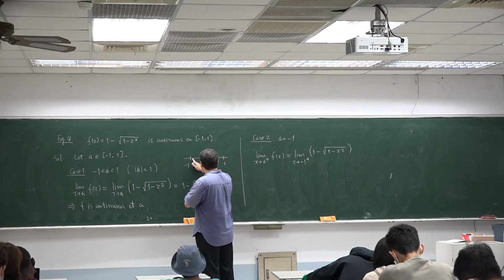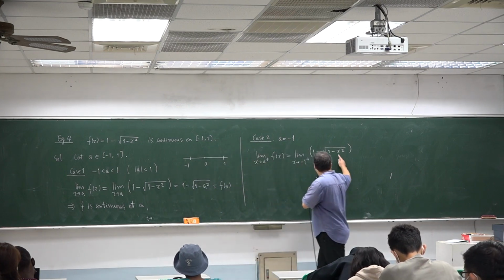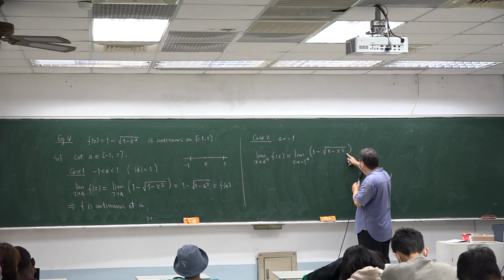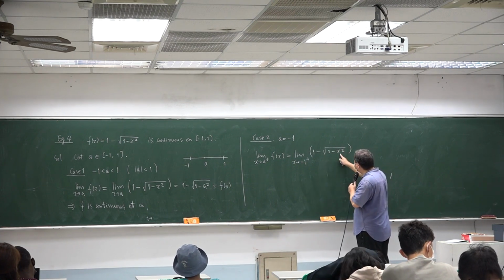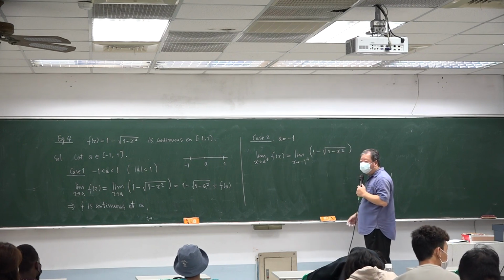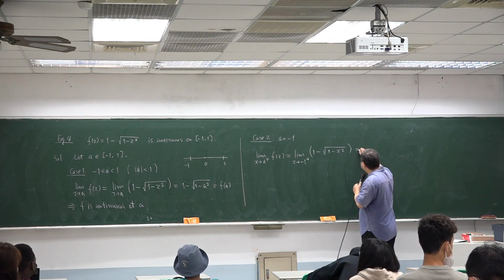So the absolute value of x should be less than 1, and x squared is less than 1, so this value is always positive. And when x equals -1, this is 0. Since the square root function is continuous from the right at the origin, this is 0.